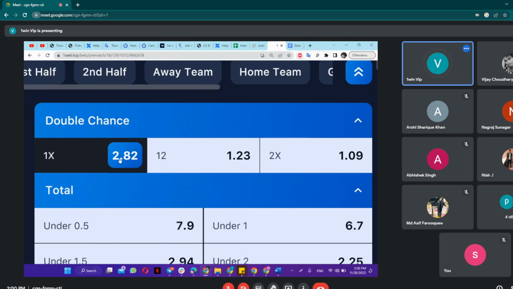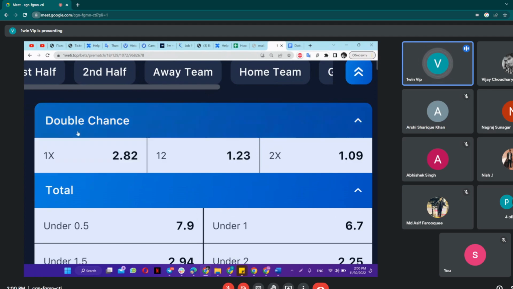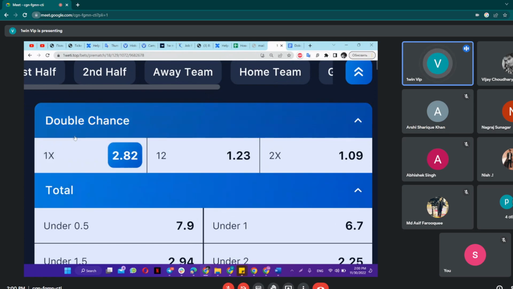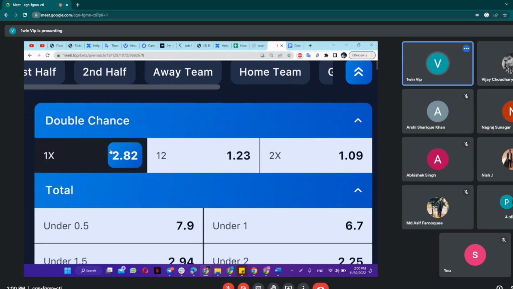Here 1x is winning of the first team or a draw result. So my bet will win if the first team wins, or the match result is a draw. The only possible outcome for me to lose this bet is if the second team wins, because we don't have betting on the second team here.